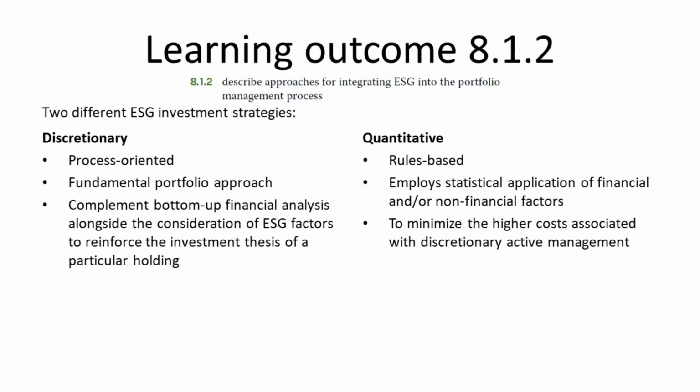So quantitative will involve things like ESG scores. Although in a discretionary approach one may also figure out ESG scores, we don't base certain investment decisions just on certain scores or certain quantitative factors.